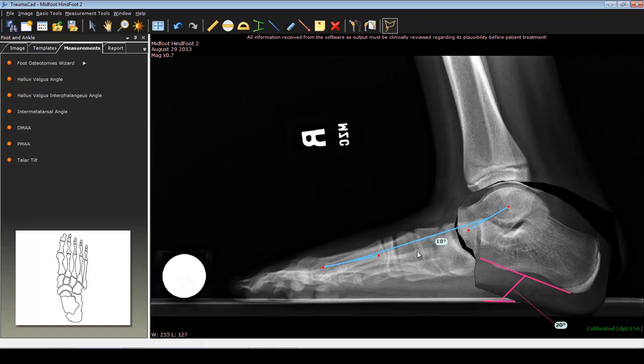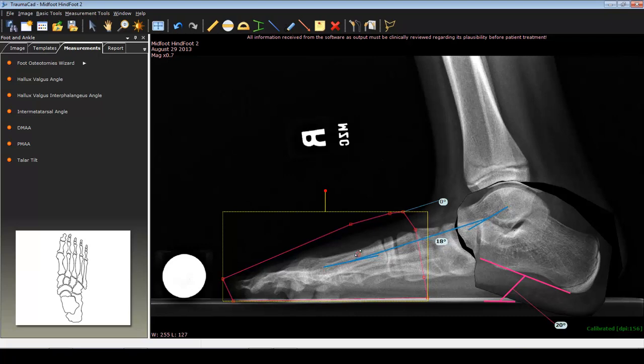So we can see the cuneiform is declinated this way, so we're going to make a vertical osteotomy and then identify our fragment that we're going to move. And as you can see, I'm selecting that fragment, and we're going to come back and close that off. Next, we're going to select this fragment and make our correction so we can reduce this 18-degree angle to a 0-degree angle.